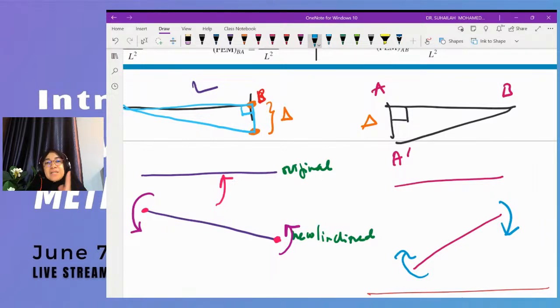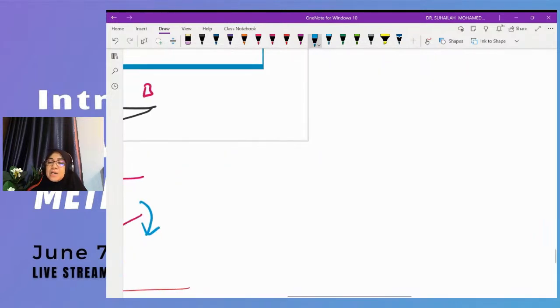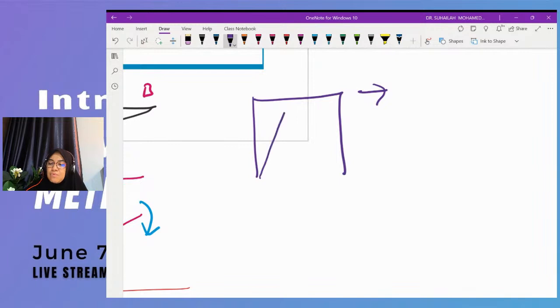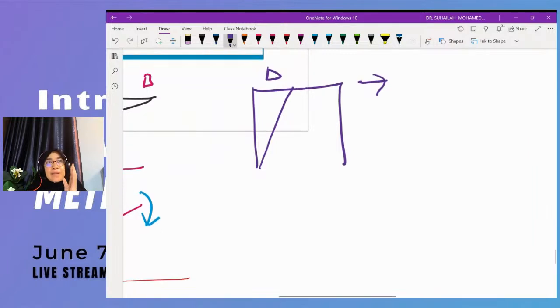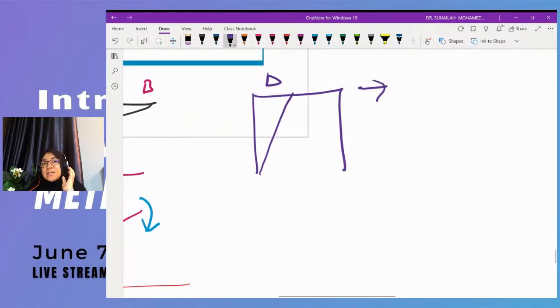A frame has vertical members. So let's say a frame like this. Side sway moves to the right direction. So this column moves, and this will be delta. For a frame, we have to consider the column.